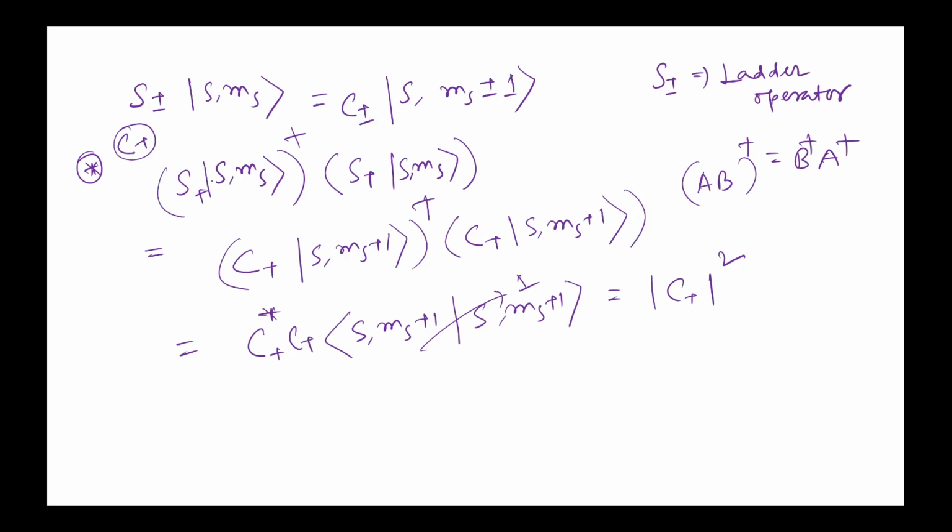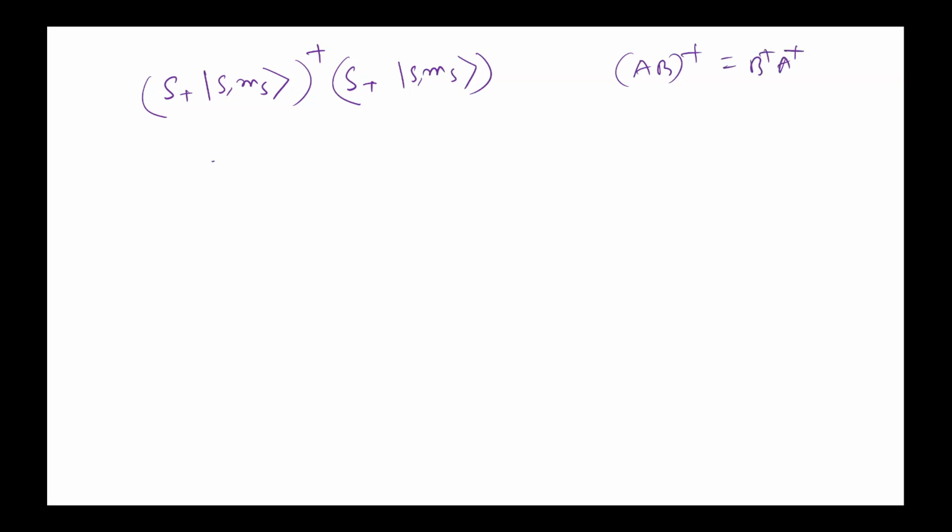Now we can write this. Let me again write this expression here: <S, ms| S plus dagger and S plus |S, ms>. As I've just mentioned, (AB) dagger is B dagger A dagger, so you can write it as <S, ms| S plus dagger.